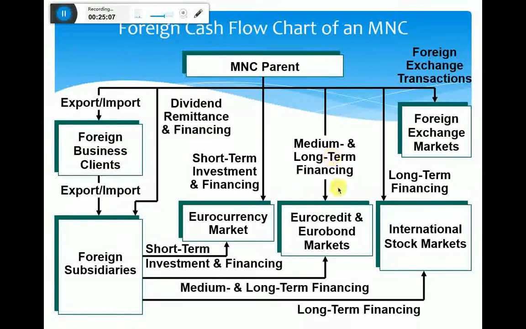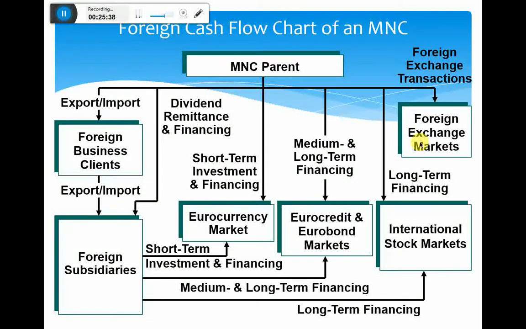That is done through the euro credit and euro bond markets. And when the multinational corporation's parent or the subsidiary are in need of long-term financing, that long-term financing is done with the help of the international stock market, right? And also, these multinational corporations and their subsidiaries do foreign exchange transactions, and those are basically done with the help of the foreign exchange market.